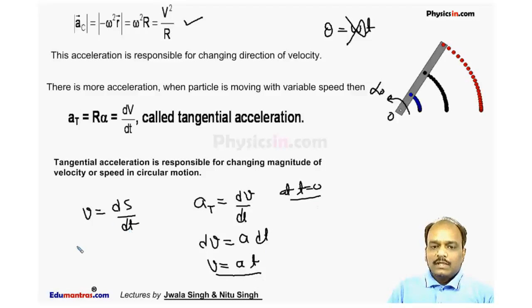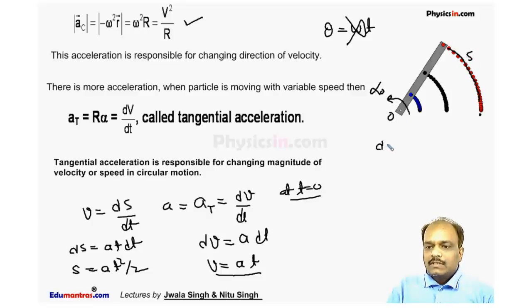So ds is equal to v dt, that is a into t into dt, where a is the tangential acceleration. So s is equal to a t square by 2 if the particle starts its motion from here. This is the distance traveled by the particle in time t.